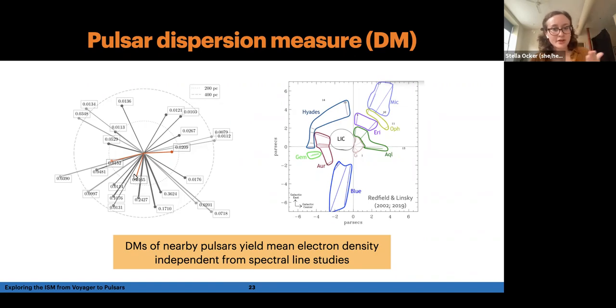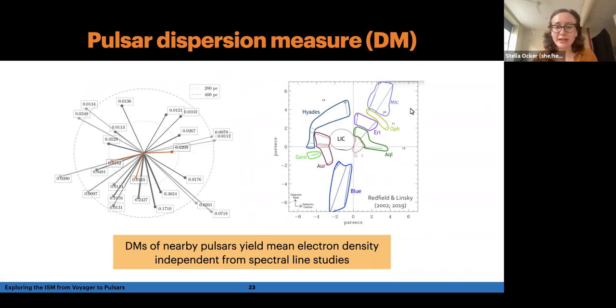And so you can start to see by careful examination of this plot that there are some patterns that can emerge in the average electron density along the lines of sight to these nearby pulsars, which directly traces the underlying structure of the density distribution. And this is really useful for comparing with our understanding of the local interstellar cloud complex from spectral line studies of nearby stars.